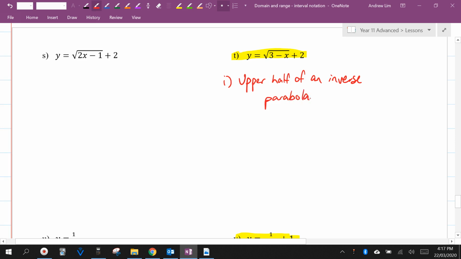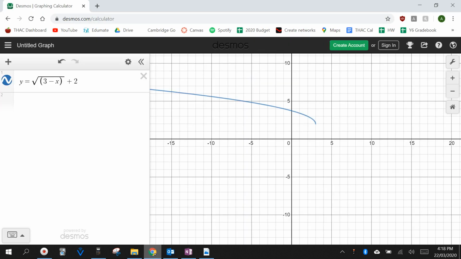So what does that look like if we were to graph this? It looks something like this. Here the point is at 3, 2. It's just the upper half of an inverse parabola.